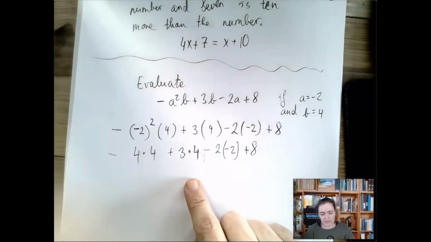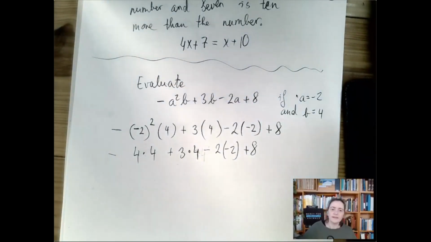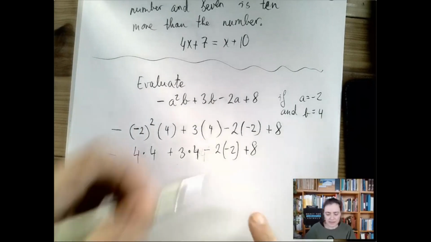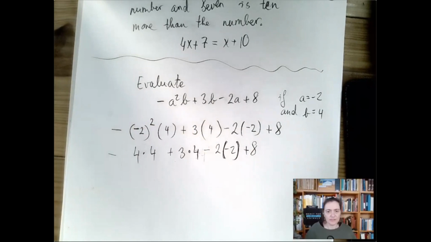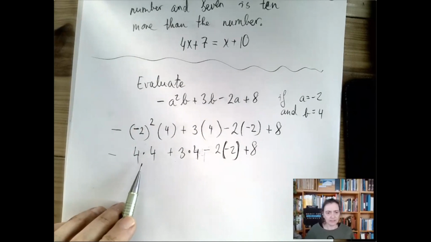All right, what's next? There is no parentheses. No, I mean, there is parentheses, but there is nothing to do inside. This is not a parenthesis that is a grouping symbol. That's what I call a clarifying parenthesis. It just clarifies that it's multiplication, but this one comes first, left to right.